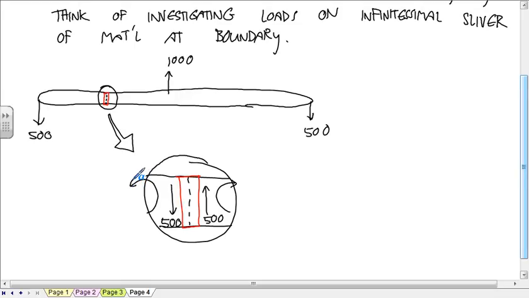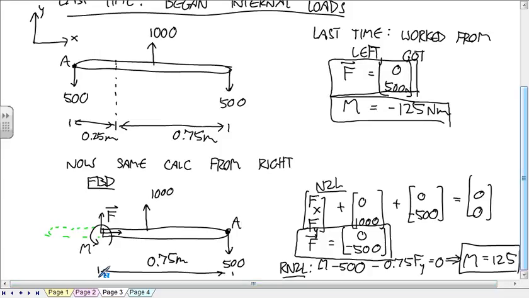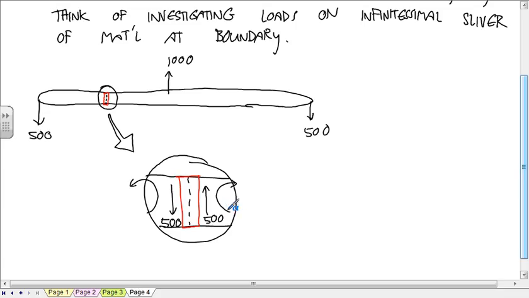And notice that it's the reverse. The first one, negative 125, so that's a clockwise couple. So that should be right, I think. This one we got positive 125.